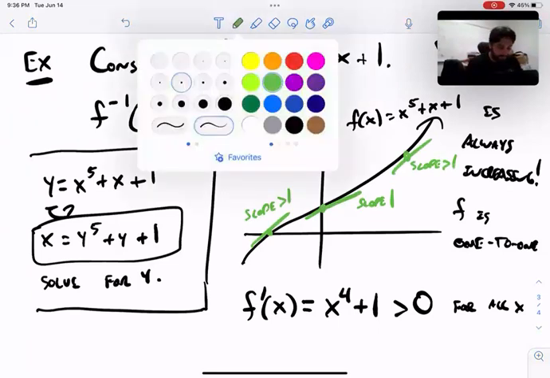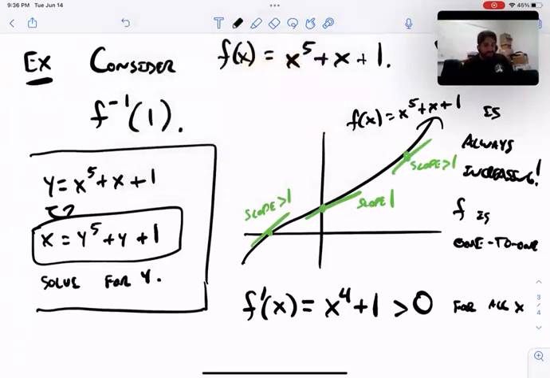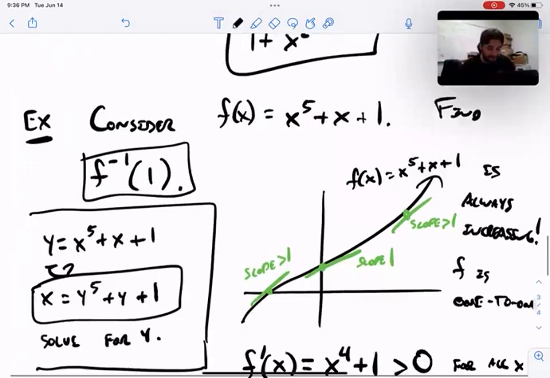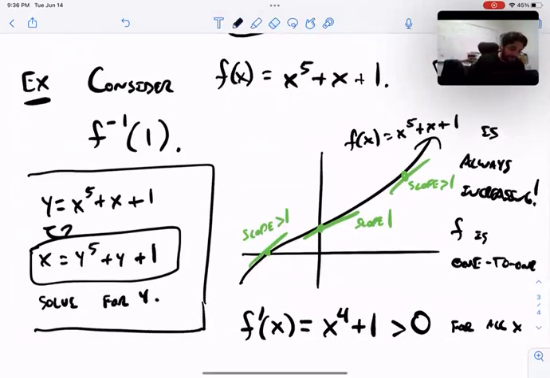So now the question is, how can I get this quantity? If this isn't a garbage question, I'm claiming this is somehow computable. To find, oh, sorry, not just the value, but the derivative, the slope of the inverse at 1. So here's what you can do.